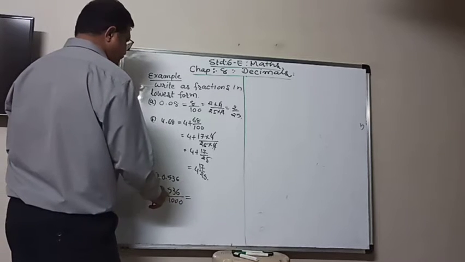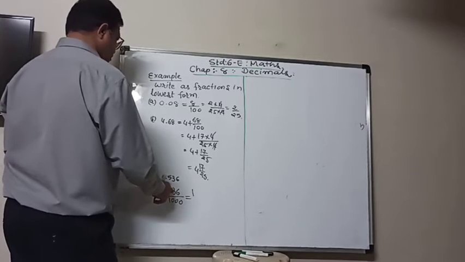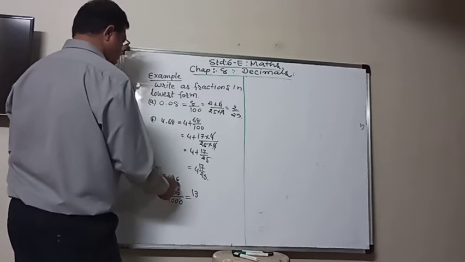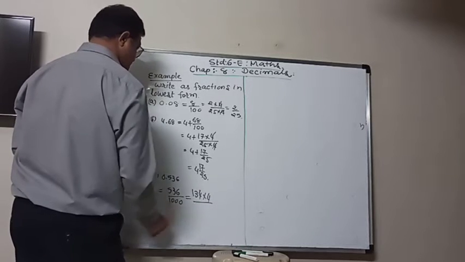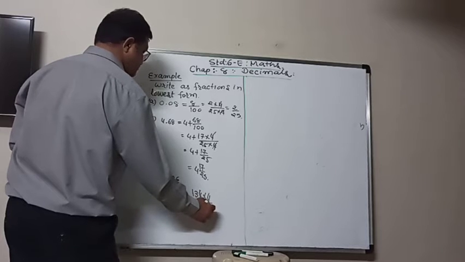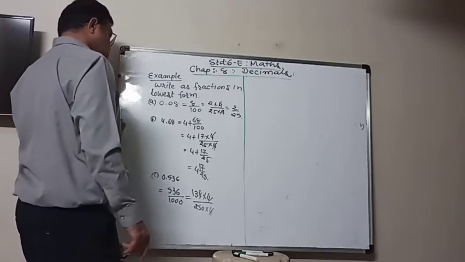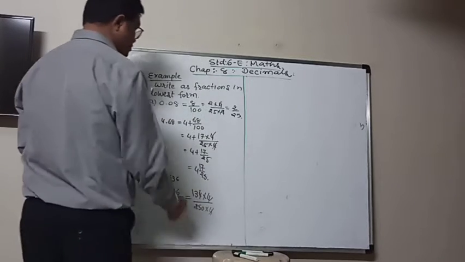Now we can find the fractions, like both are divisible by 4. So 4 ones are 4, 4 threes are 12, 4 fours are 16. So 134 multiplied by 4 upon 250 multiplied by 4. So now 134 and 250 both are still divisible by 2.